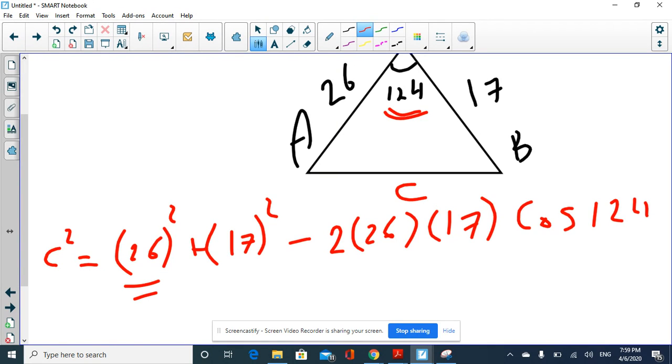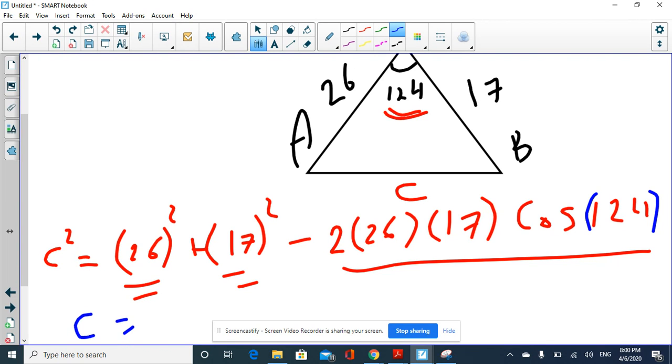Find these values by using the calculator. You can type all these numbers on the calculator. But don't forget, if you write cosine 124, you have to write 124 between parentheses. Then you can find c by taking the square root of the number you have.